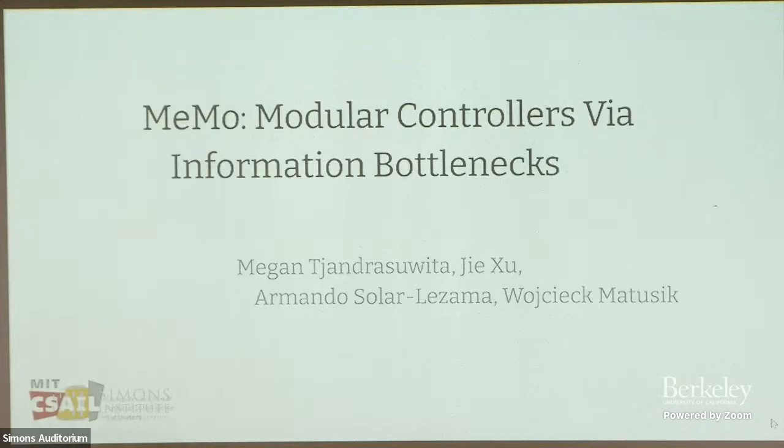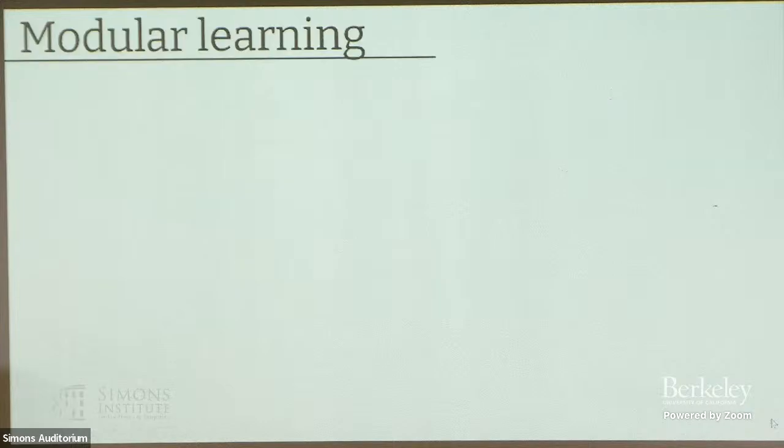And so I want to talk very briefly about two different examples where by forcing the neural network to have a certain amount of modularity and by forcing some requirements at the interfaces of those modules, we can actually get something useful.